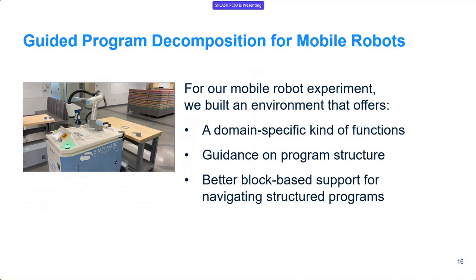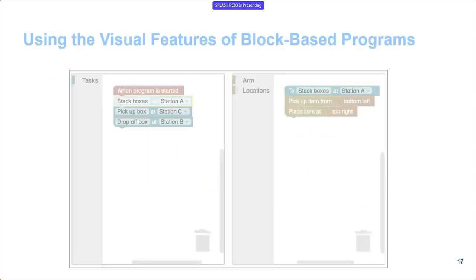And so we built an environment that is focused on mobile robot programming and that provides some features to end users: a more domain-specific way of representing functions, and guidance on how to structure programs within this domain. And also more support at the visual, environment level of this block-based language for navigating structured programs.